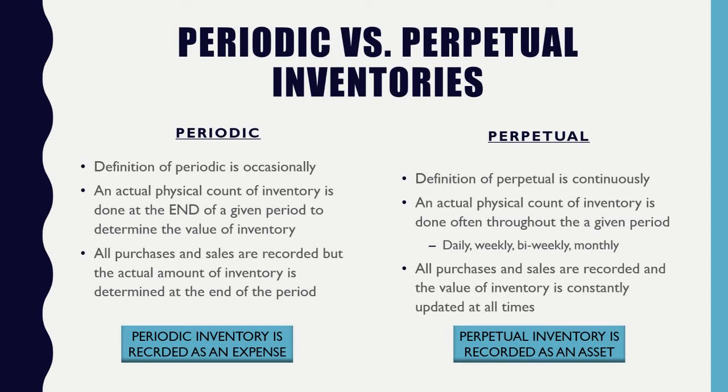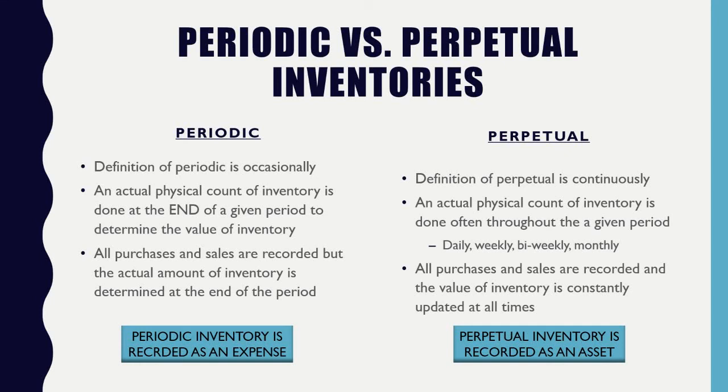You're keeping track of your inventory only every once in a while. Meaning you're not going to update it as often, and you only know how much you actually sell at the end of a given period.